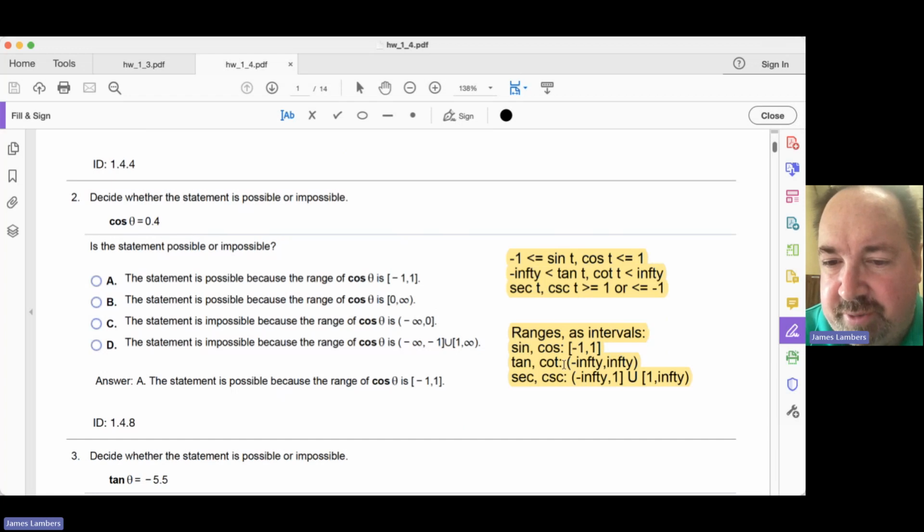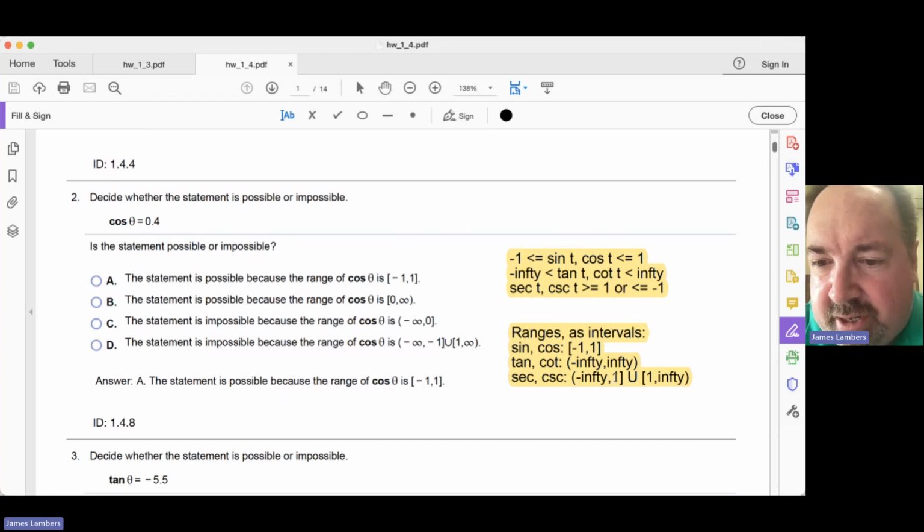So tangent and cotangent, because they're allowed to assume all real values, we write the range as -infinity, infinity in parentheses. And then secant and cosecant, the range cannot be expressed using a single interval. You have two separated intervals. So it's all values greater than or equal to 1. So we have 1 to infinity, and we have a square bracket to the left of the 1 because 1 is included in the range.